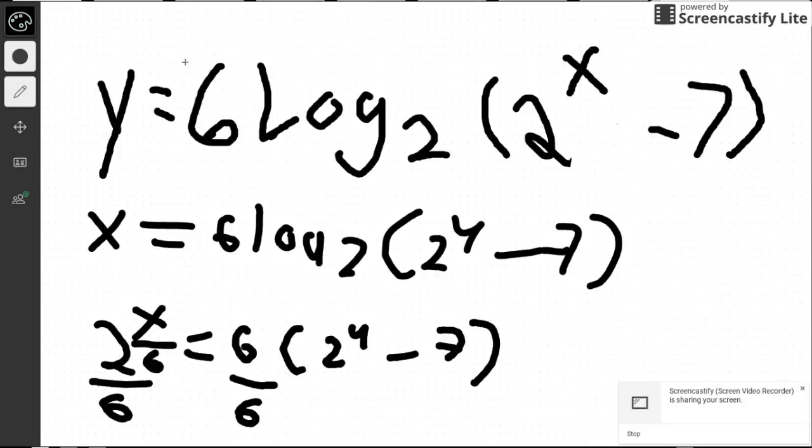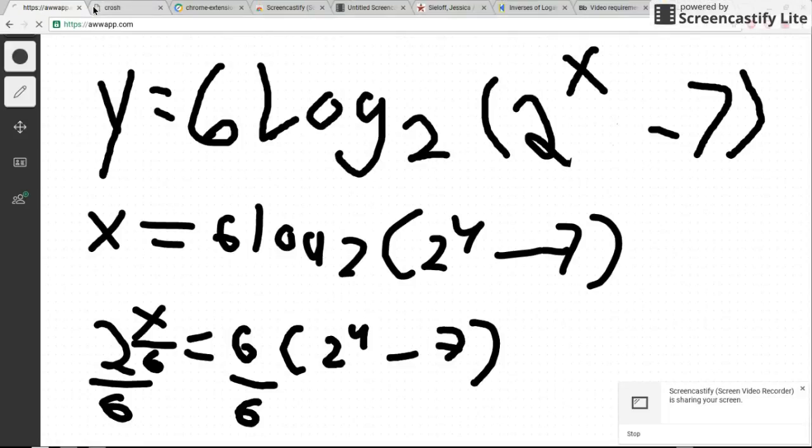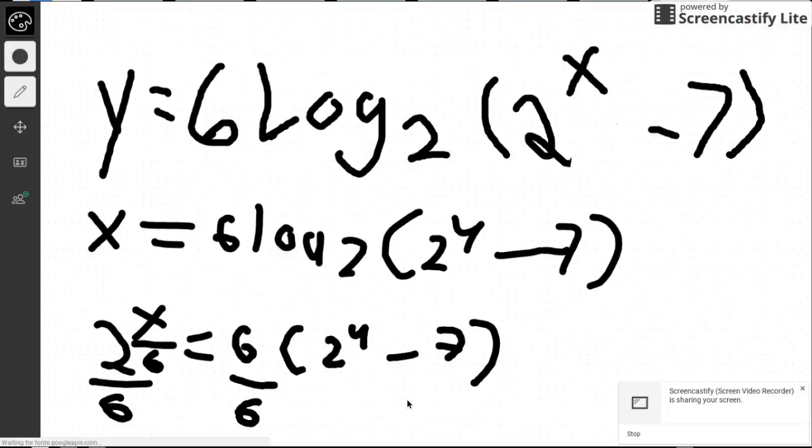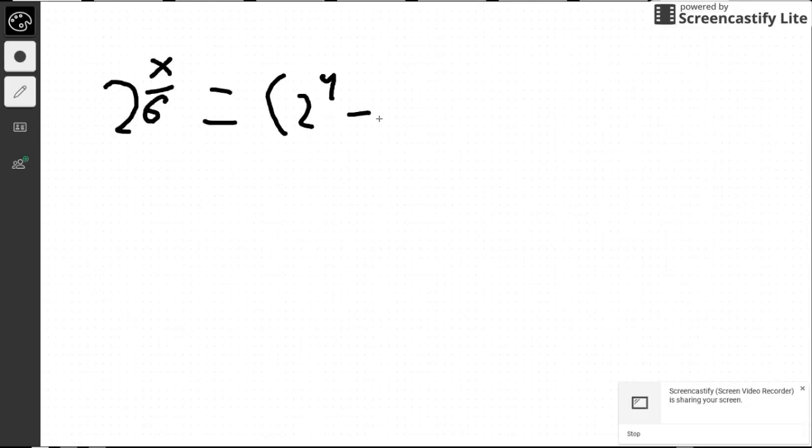So you're going to have these, but it's going to be normal. So it's going to be 2 to the power of x over 6, and that equals 2 to the power of y minus 7.